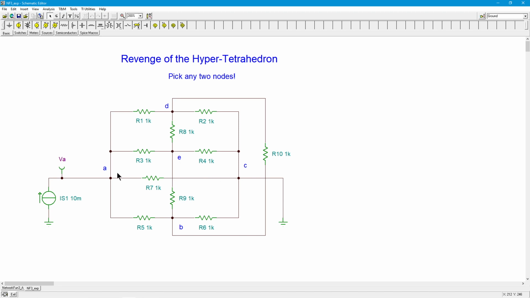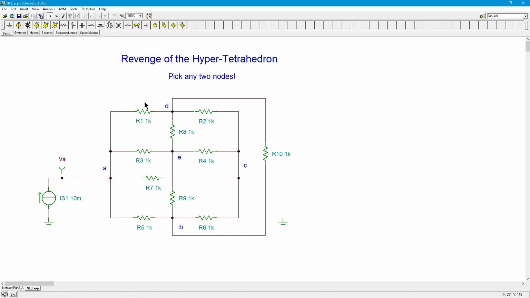Now, what we see is symmetry. If I was an electron, okay, you're an electron, what do you see? What do you experience? What's the least resistive path to ground? Well, there isn't one. They're all the same as far as these 3 are concerned. It's R1, R3, R5.